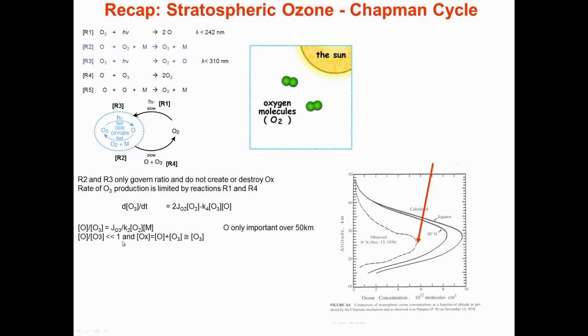And odd oxygen atoms are only important above 50 kilometres. So that tells you that the main odd oxygen species in the stratosphere is ozone, which we all know. If you do the calculations according to the Chapman cycle, you get this dotted line here, you get these lines here, but the observations are always smaller. So you're missing an ozone sink.